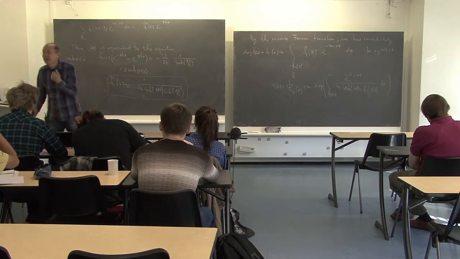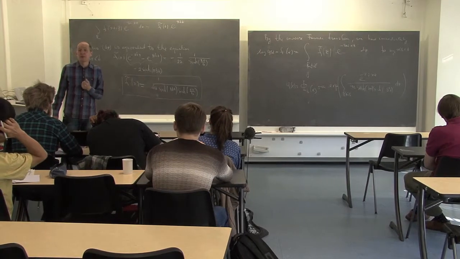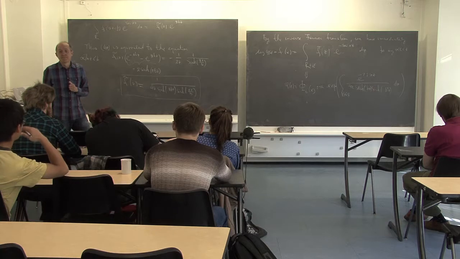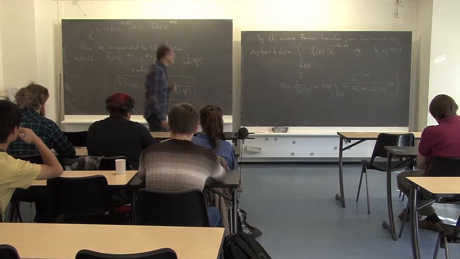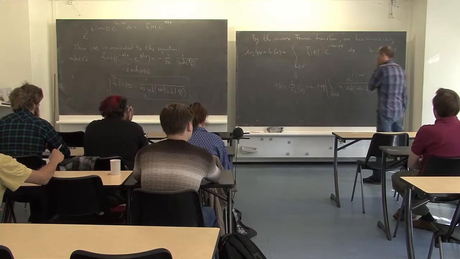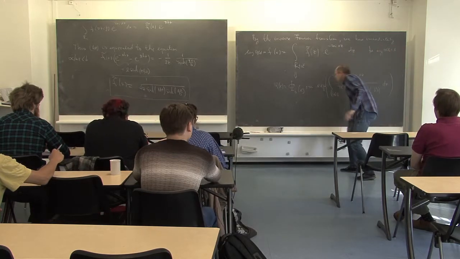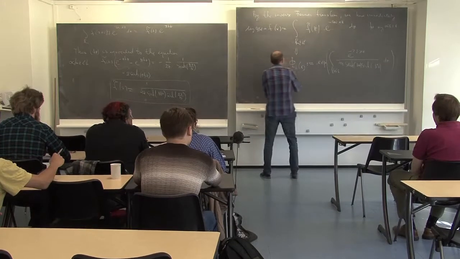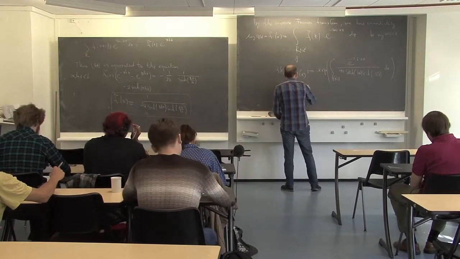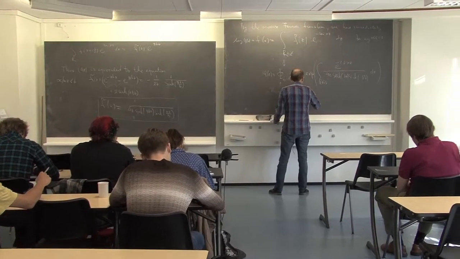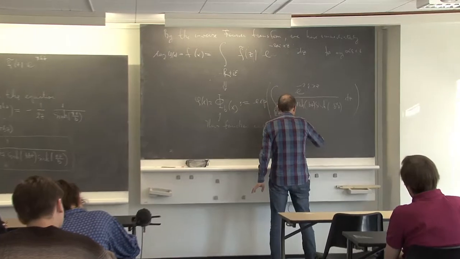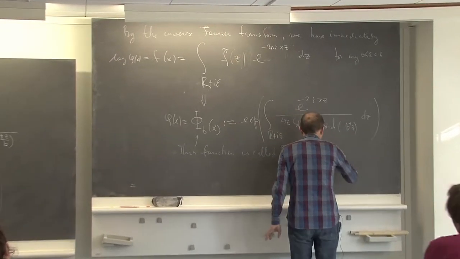And that's the condition which removes this ambiguity. And this function is called the Faddeev quantum dilogarithm.